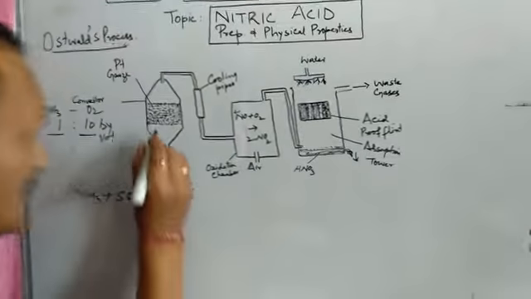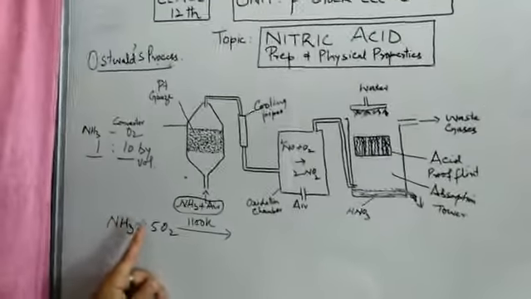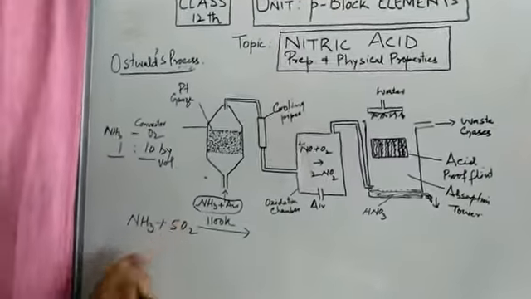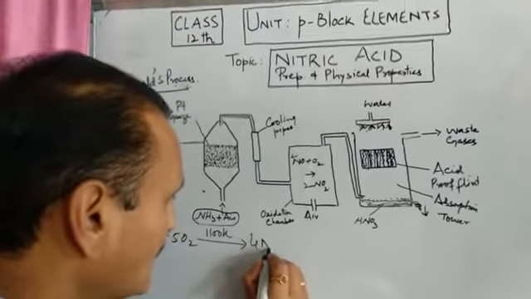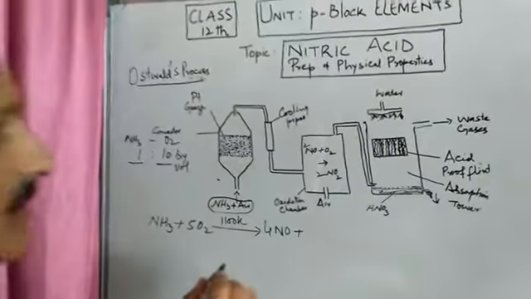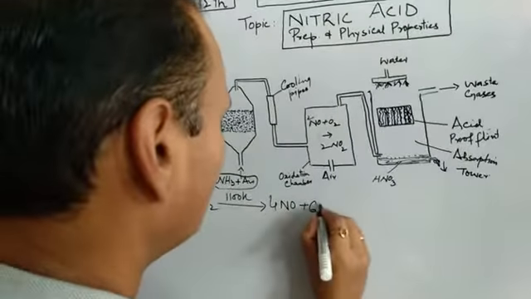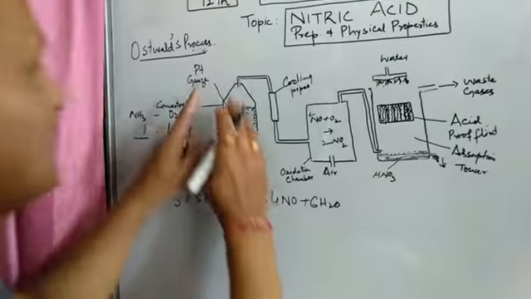So what happens in this chamber? Ammonia and this oxygen get combined at a very high temperature of 1100 kelvins when nitric oxide is formed along with water.